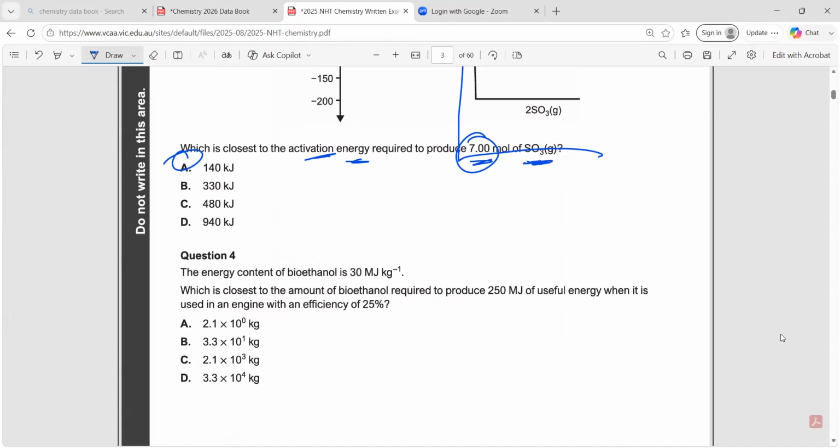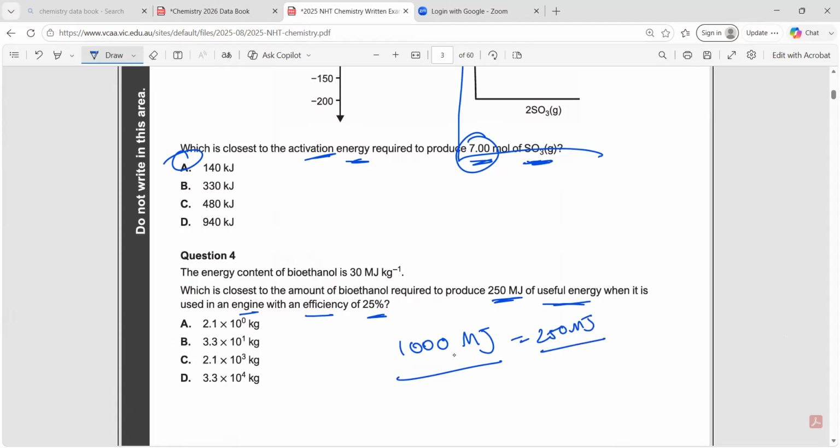Which is the closest to the amount of bioethanol required to produce 250 millijoules of energy when it is used in an engine with an efficiency of 25%? In order to produce 250 millijoules of useful energy, we need to overall produce 1,000 millijoules of energy, because that 1,000 millijoules is converted with an efficiency of 25% to 250 millijoules of useful energy.